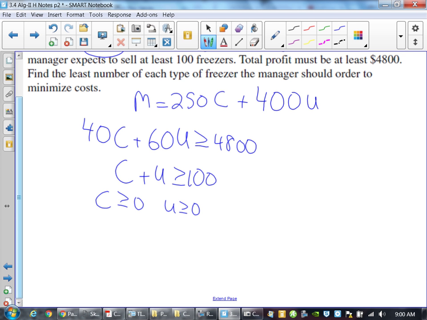In this case, you'll notice there's no cap on the number of freezers they could order. So what they're trying to do is figure out the bare minimum to minimize their costs to sell at least this much stuff, to pay the rent, if you will. Okay?